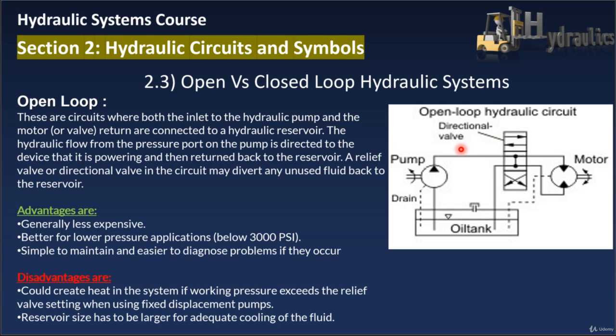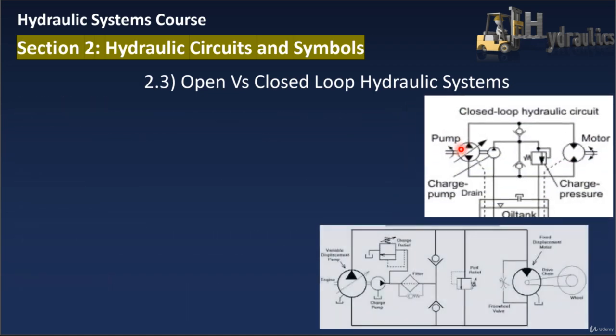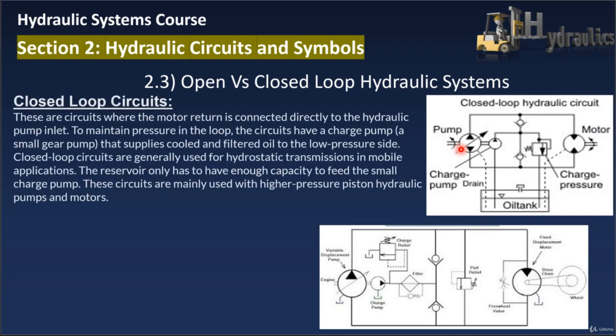Also, the second disadvantage is that the reservoir size has to be very large for adequate cooling of the fluid. If we go for closed loop circuits, these are circuits where the motor return is connected directly to the hydraulic pump inlet. To maintain the pressure in the loop, the circuit has a charge pump, a small gear pump, like here.